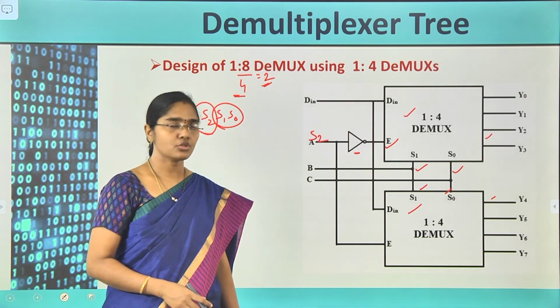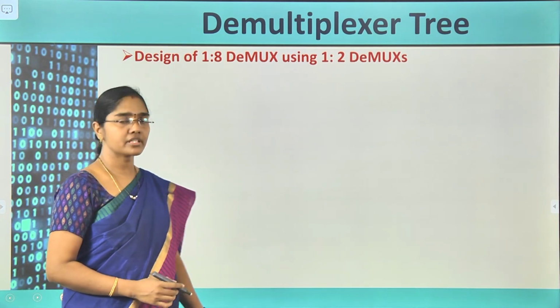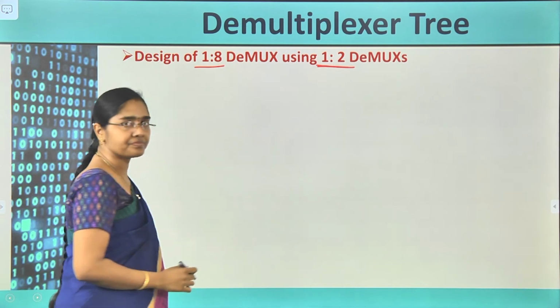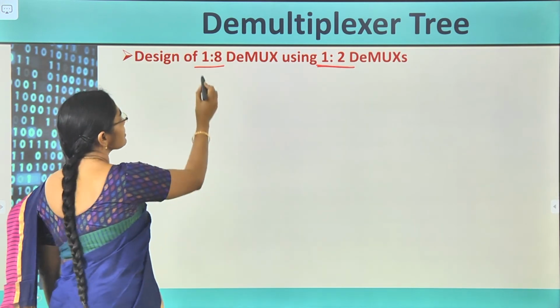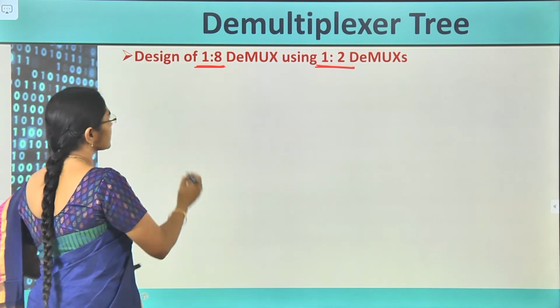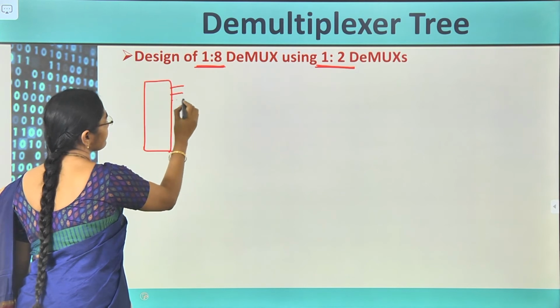Next, one more design: a 1:8 demultiplexer using 1:2 demultiplexers. Actually we have to get 1:8.